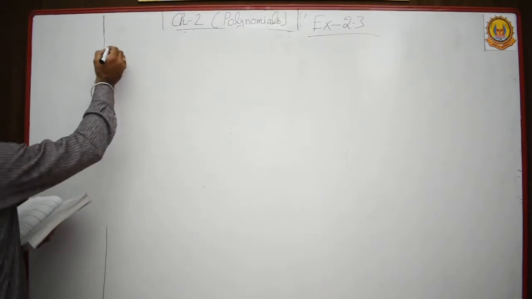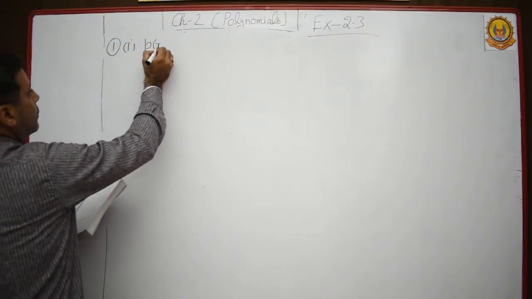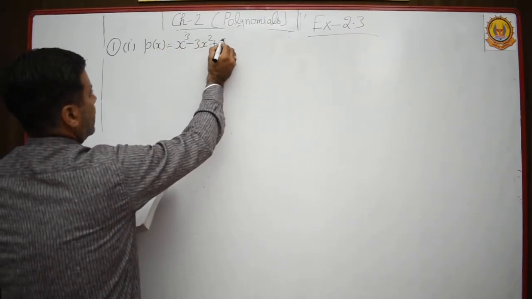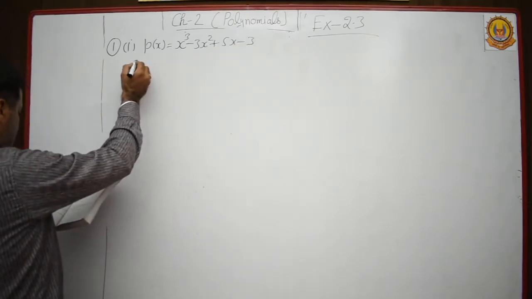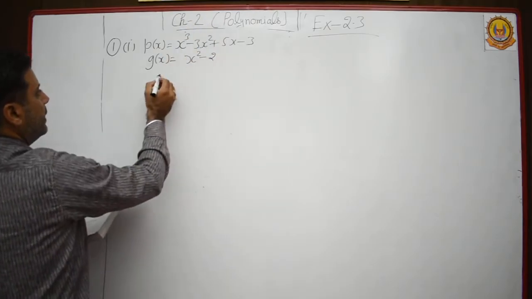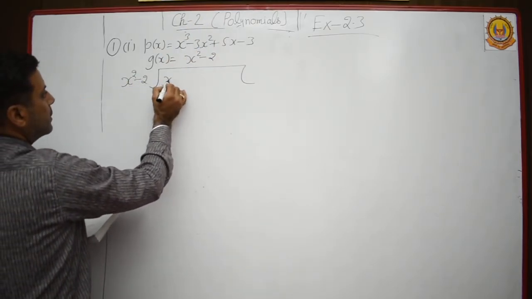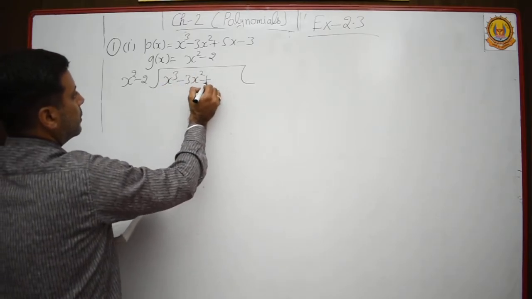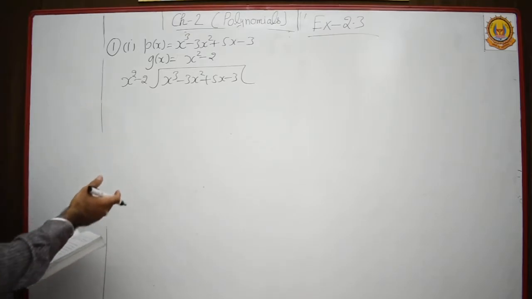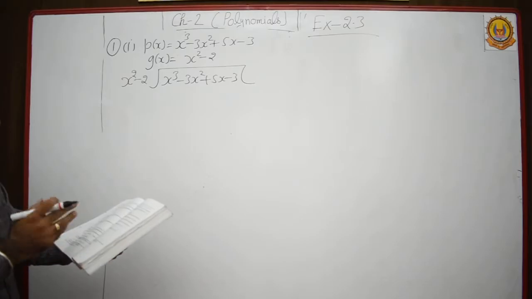So the first part is p of x is equal to x cube minus 3x square plus 5x minus 3, and g of x is equal to x square minus 2. You have to divide the first polynomial by the second polynomial, and find the quotient and remainder. So I think you can do it yourself, because we have already discussed the long division method in 8th and 9th class. Okay? So the first part you can do yourself.